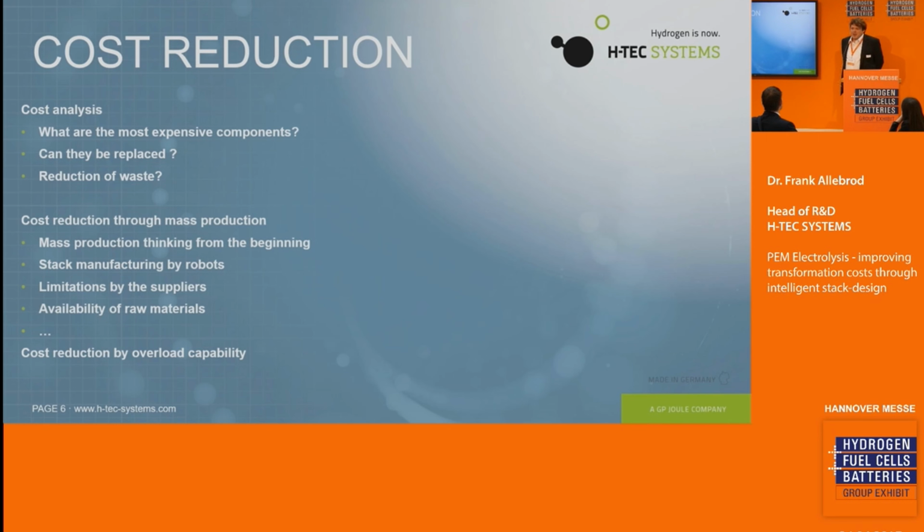Do we have enough iridium, platinum on the planet? Can it be produced? Can it be mined? And of course, there's also another possibility, just by using the overload capability of the stack. It's pretty easy to have a stack and put 400% on it, then you have very low specific cost, but the lifetime is a disaster. So you have to find an intermediate way.